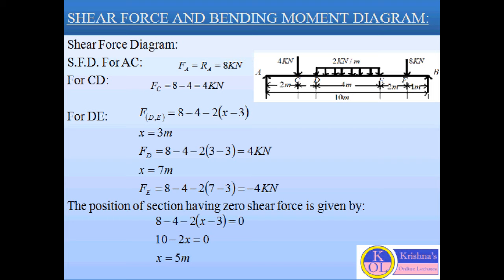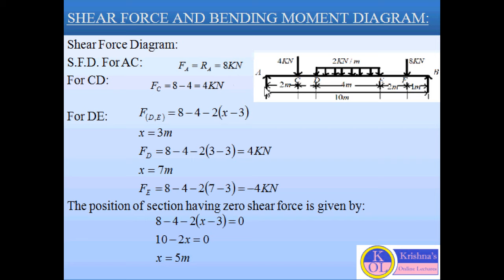For the shear force diagram, we have to find the shear force at each and every point of this beam. So for AC, we have to find the shear force at points A and C. At point A, the value of shear force is 8 kilonewton, which is equal to RA.